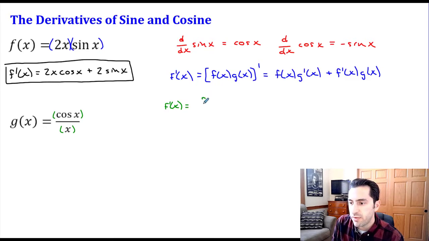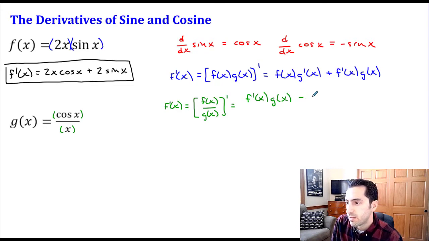So if we have a function that can be written as the quotient of two other functions, then this derivative is equal to the derivative of the numerator times the denominator minus the derivative of the denominator times the numerator, all over the denominator squared.